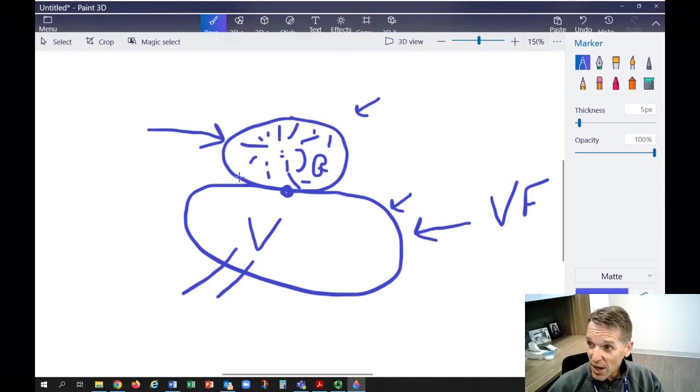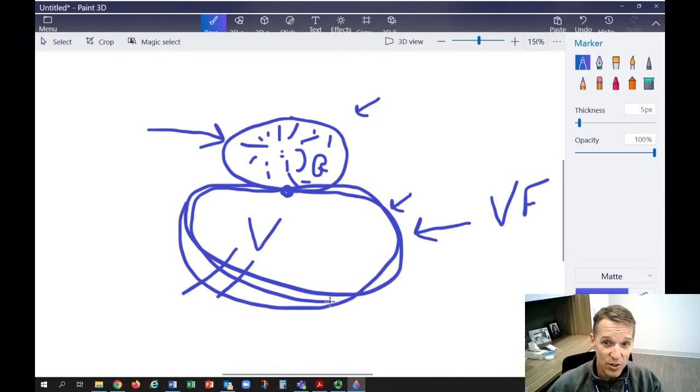So if you do not have a normal contraction inside your ventricle, you have no circulation. And I don't need to tell you what happens when no blood is circulating in your body. It's not a good day.